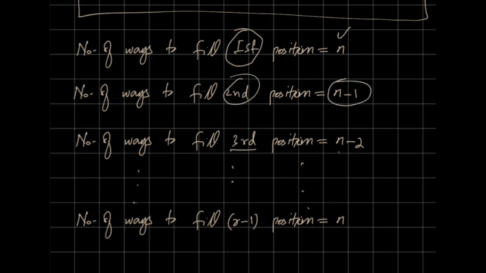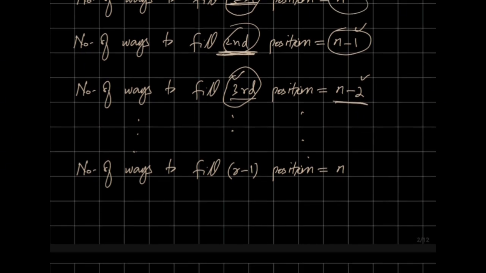For the third, number of ways are n minus 2. You can see, if here is 3, then what is 1 less than 3? That is 2. We have subtracted 2 from n. Here you have 2, and what is 1 less than 2? That is 1. We have subtracted 1 from n. Here we have 1, what is 1 less than 1? That is 0. We have subtracted 0 elements from n.